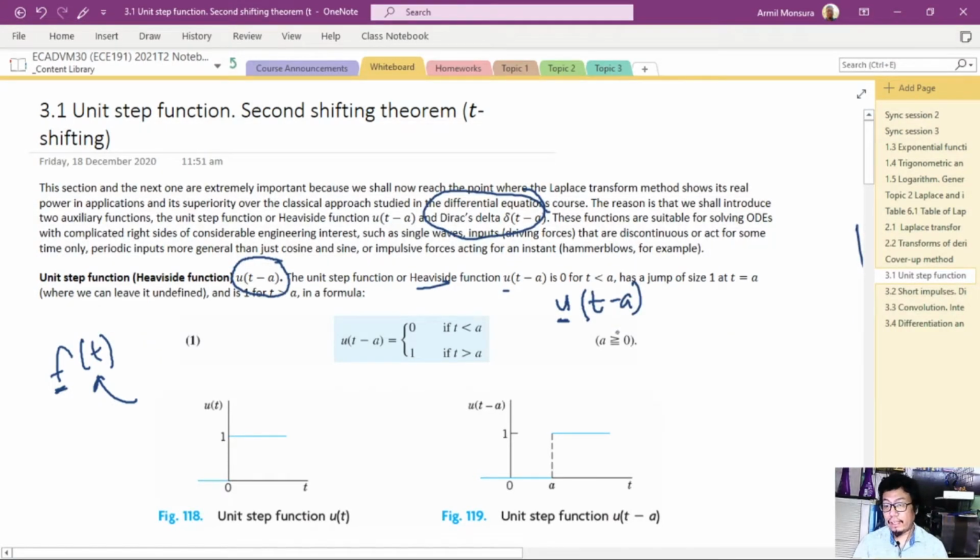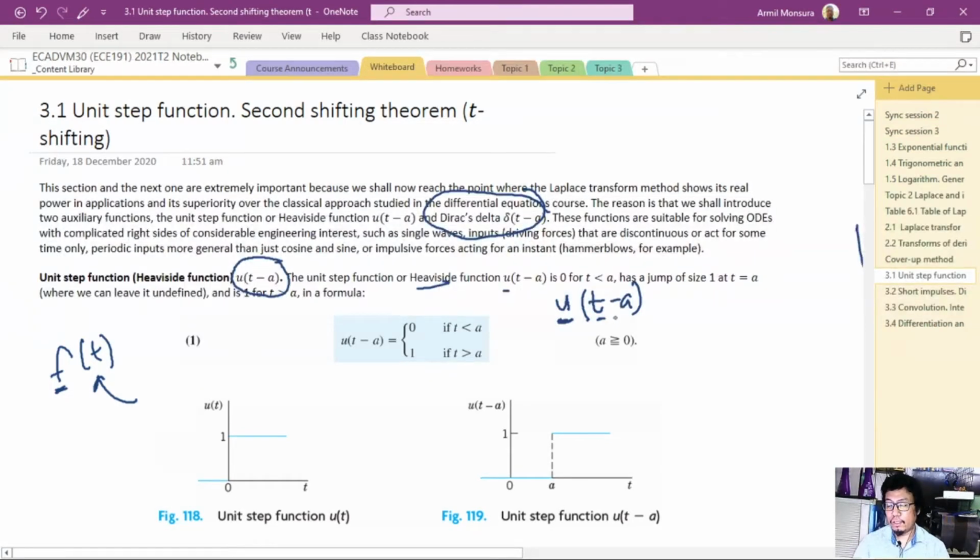So we are writing the Heaviside function in terms of its functional notation: the name, as a function of the independent variable. Here the independent variable is essentially t. But when you subtract a number from the independent variable, the tendency is for your function to be shifted in time.